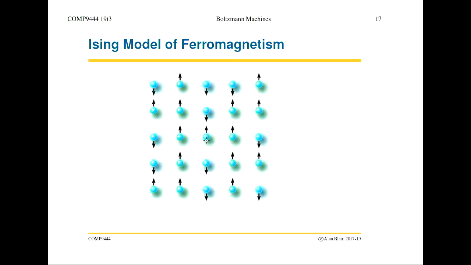But if i and j are next to each other, then the energy gets decreased if those two neighbours have their spin pointing in the same direction, because we want the energy to be low, but if they're in opposite directions, the energy gets increased.